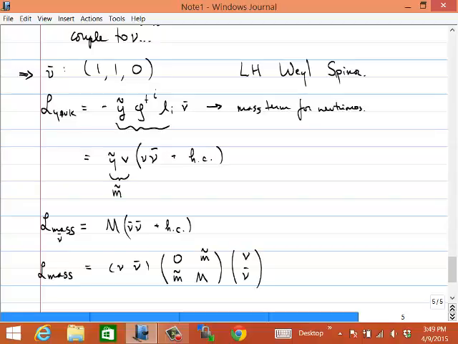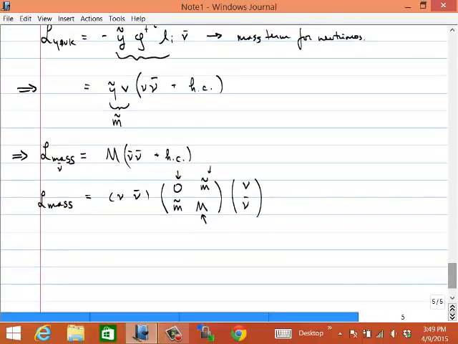All I've done here is take this term and add it to this term and write it out in a 2-component basis. The 0 here comes from the fact that we originally didn't have a mass term for the neutrinos. This is the new term that we get if we add the antineutrino, which can now couple to the neutrino with a mass term. And this is the term that arises if we remember that the antineutrino itself can have a mass term, because it now doesn't have gauge charge.